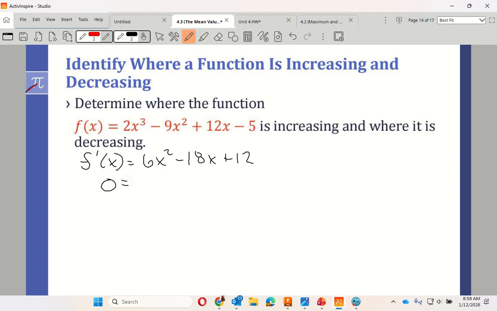So 0 equals 6 times the quantity x squared minus 3x plus 2. What happens to that 6? It goes away. So I get 0 equals... what are the factors of 2 that add up to negative 3?